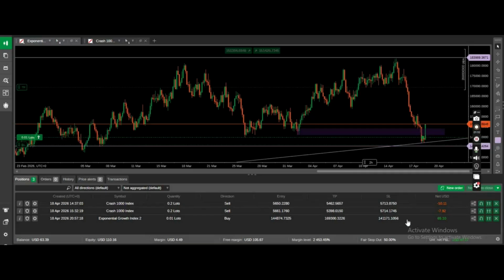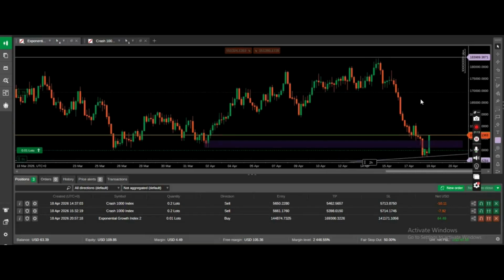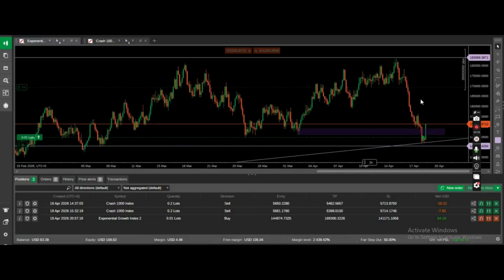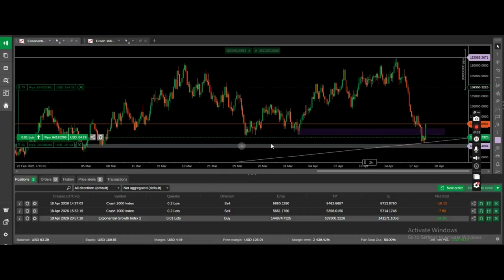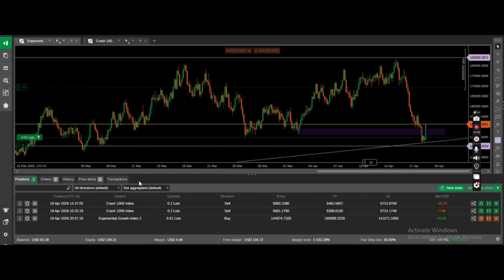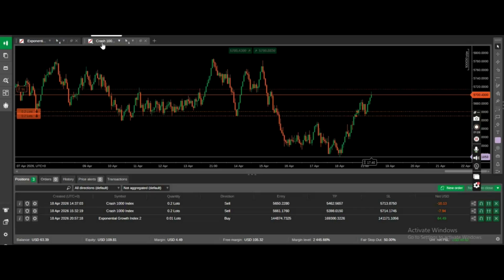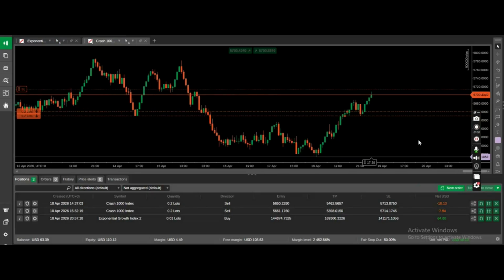I think this has potential to keep going up, so I will trail my stop loss into break even, then I'll hold it. But for this other trade, I'll just leave it to see if it gets to stop loss or if it will reverse.